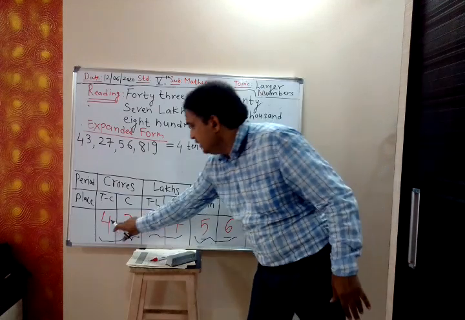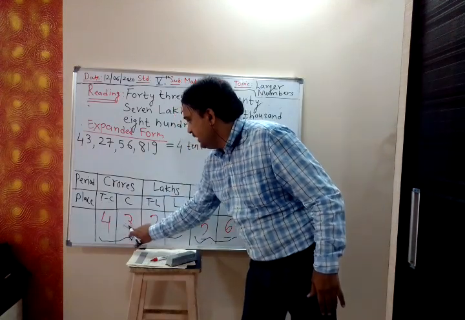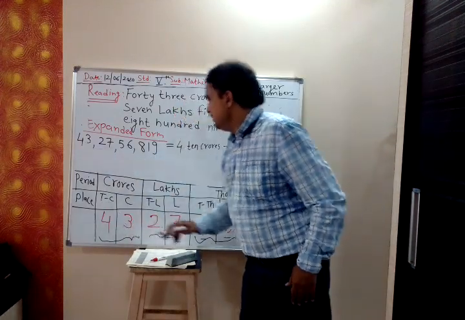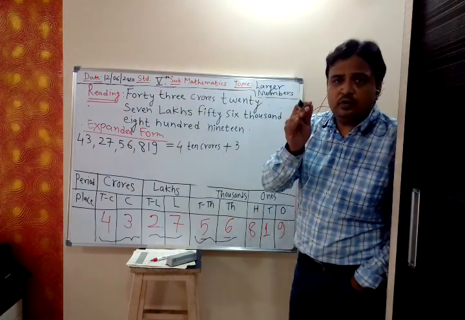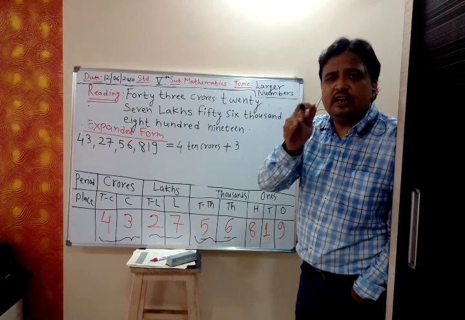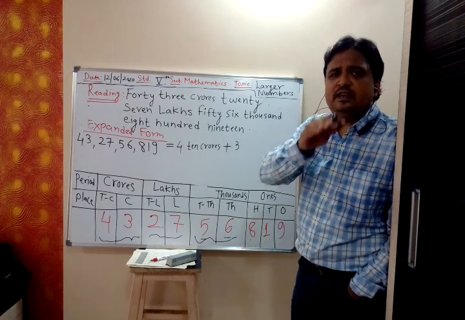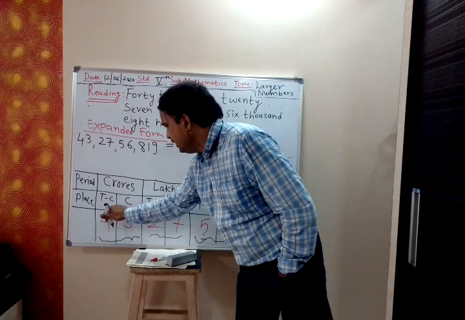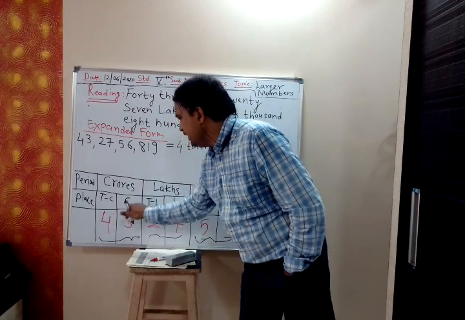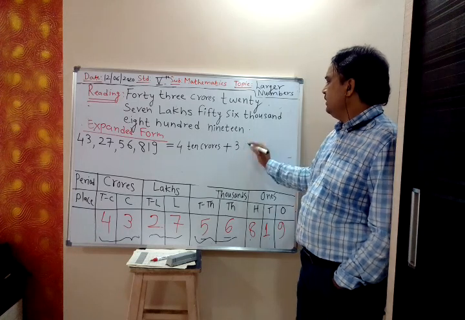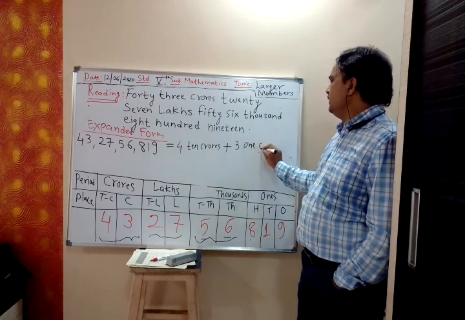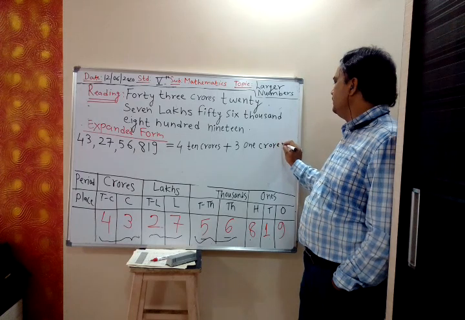We write 4 ten crores plus, no, that we put at the last. First we read that. 4 ten crores plus 3 one crore.